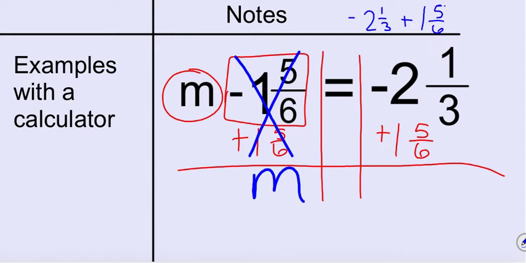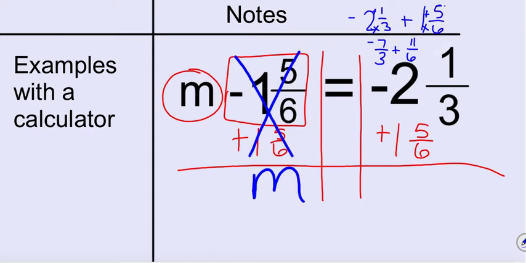Many of us, when we were learning how to add and subtract mixed numbers that included negatives, turned those into improper fractions. 3 times 2 is 6, plus 1 gives me negative 7/3. And then 6 times 1 is 6, plus 5 is 11, gives me 11/6. Then from here I need to find the common denominators again. I know that 3 and 6 both go into 6, which means I don't need to touch the 11/6.